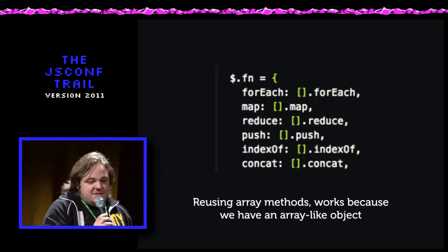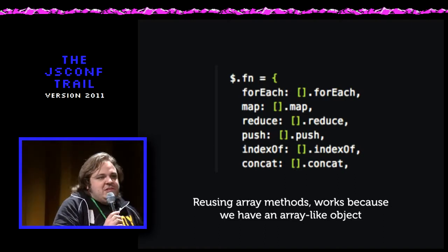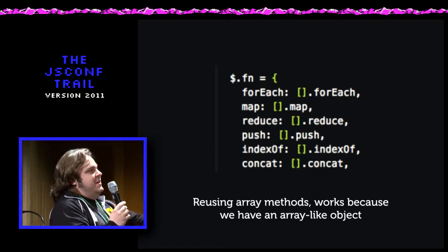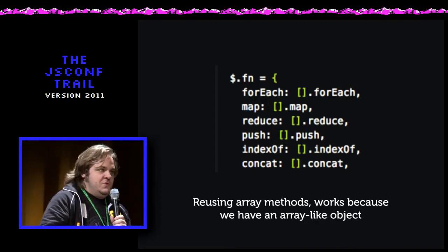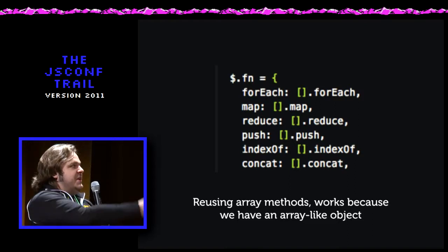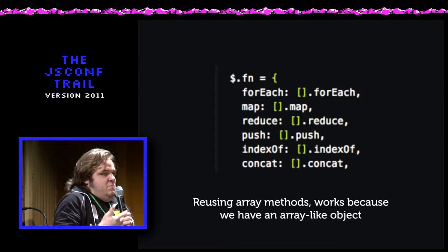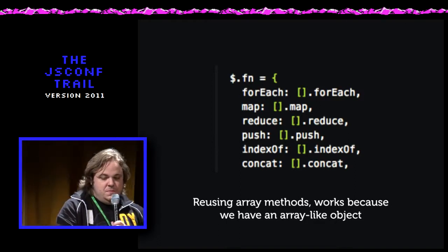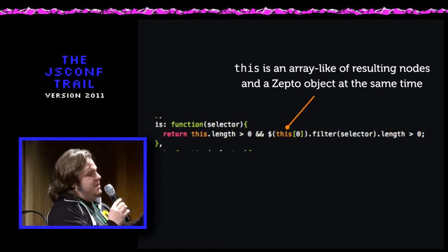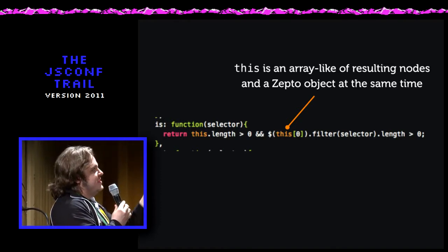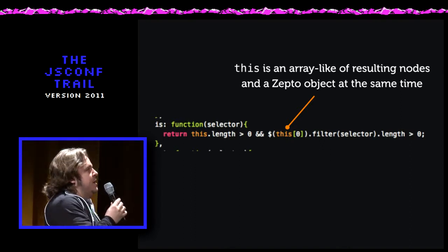A side effect of this is that you can reuse array methods because it looks like an array. So yeah, basically get all these methods for free on any Zepto object. It's still a Zepto object, but we kind of abuse these array-provided functions. Works fine with the Zepto object too. Inside a function call, this is the implementation of the is API call that you might know from jQuery.